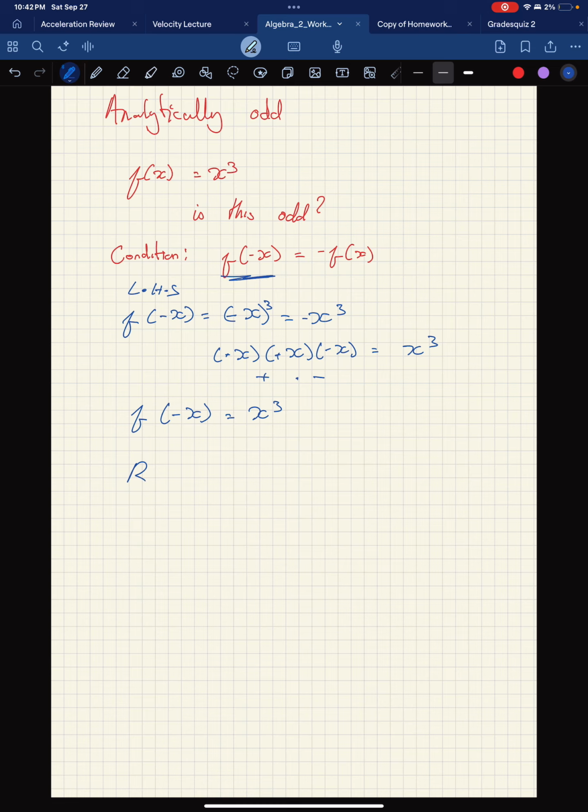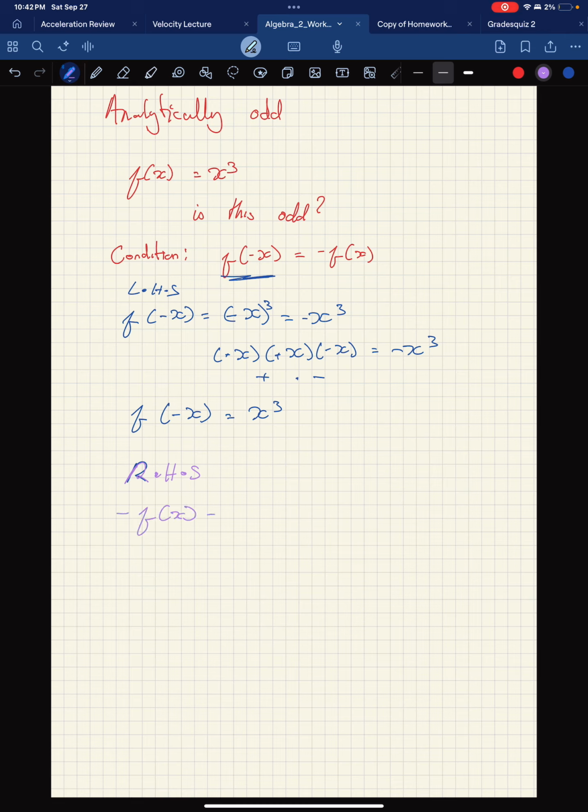Oh, I forgot my minus signs. Let's see if we can make our right hand side, which I will give a different color, equal this. So my right hand side is minus f of x.